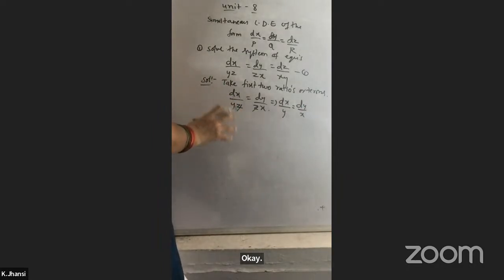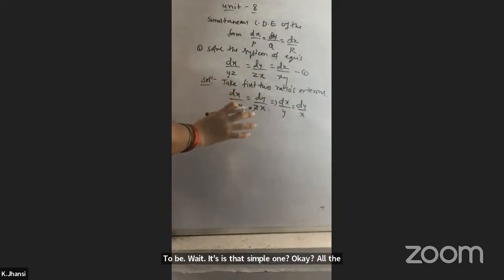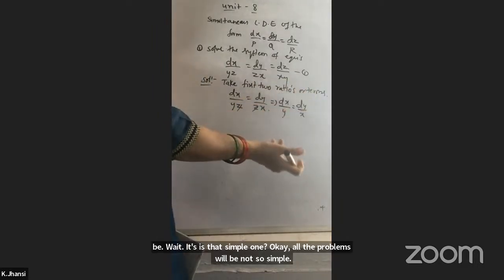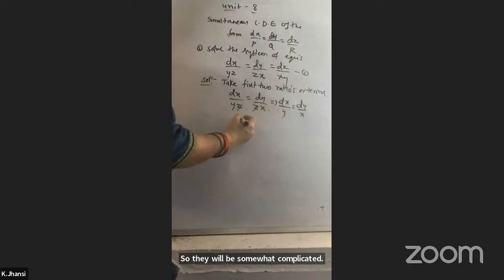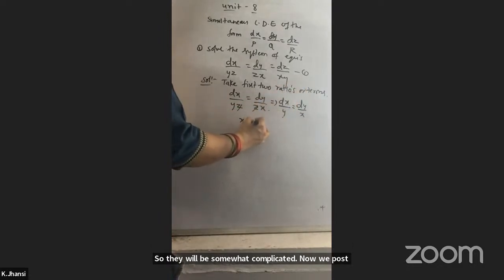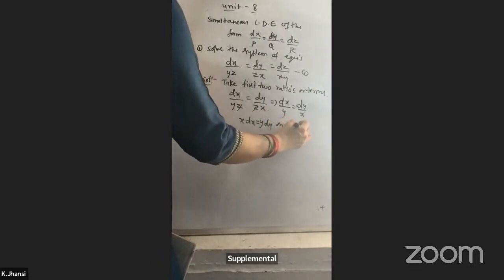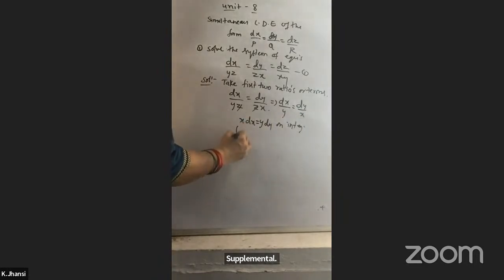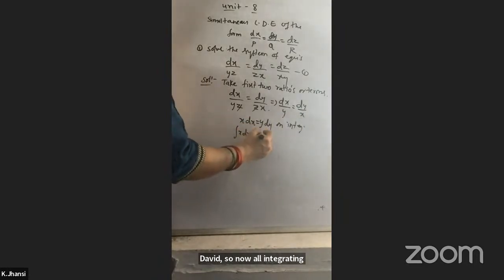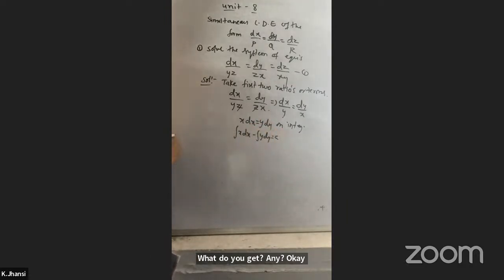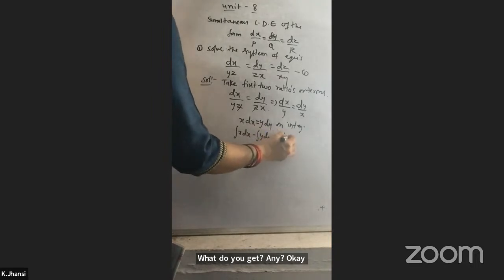Okay, all problems will not be so simple, they will be somewhat complicated. Now you cross multiply this one, that is the variable separable method. If you cross multiply, what do you get? x dx equals y dy. Now on integrating, integration of x dx minus, I am taking it inside now, minus y dy equals c.